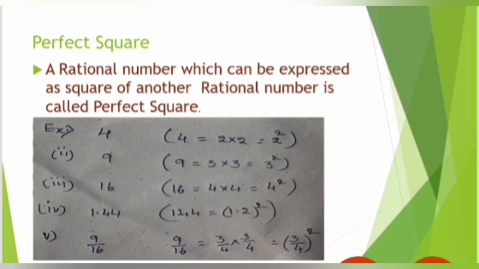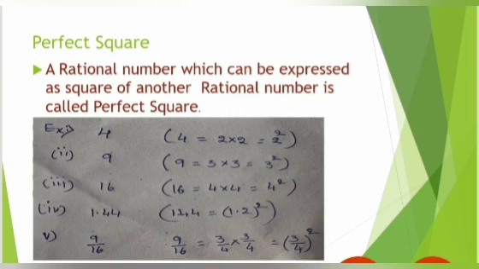Children, see the slide and observe the perfect squares in the given table: 1, 4, 9, 16, 25, 36, 49, 64, 81. These are all perfect squares. So this is the definition of perfect squares. Okay?